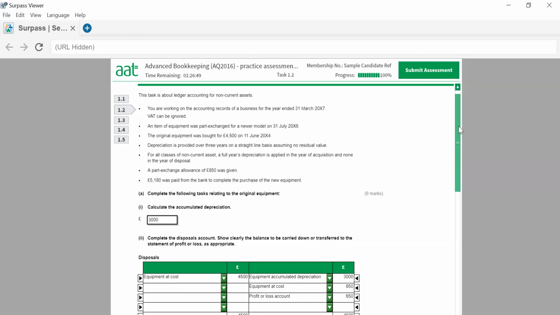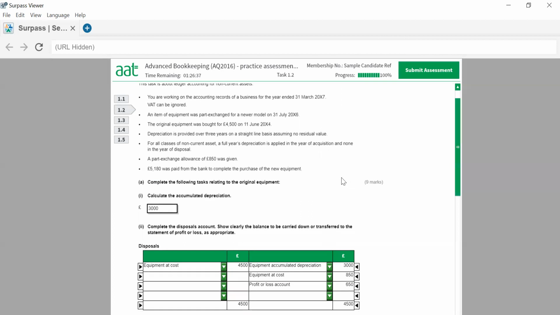A part exchange allowance of £850 was given, and then £5,180 was paid from the bank to complete the purchase of the new equipment. That's relevant when we work out the value of the equipment. You'll see it a bit later on.